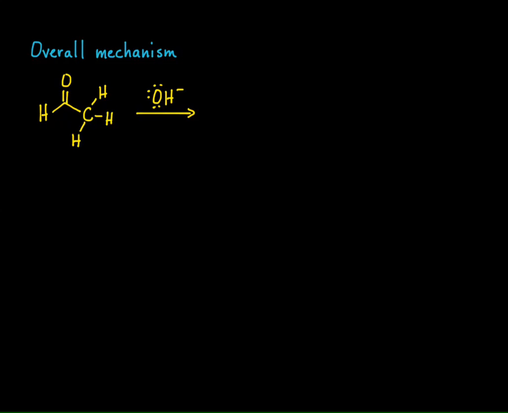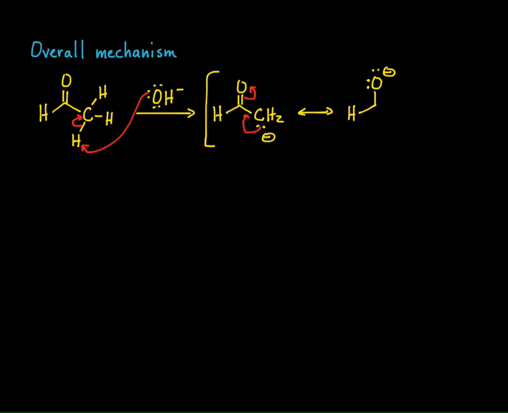So here I have acetaldehyde. In aqueous basic conditions, I have hydroxide. The hydroxide removes an alpha hydrogen, and the electrons go to the carbon. So now that enolate is going to be resonance stabilized to put the negative charge on the oxygen.